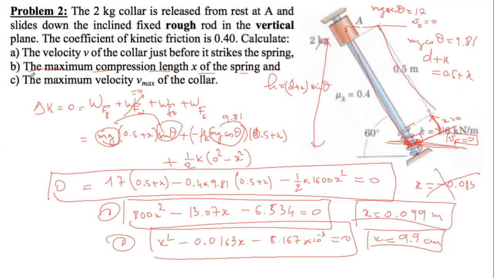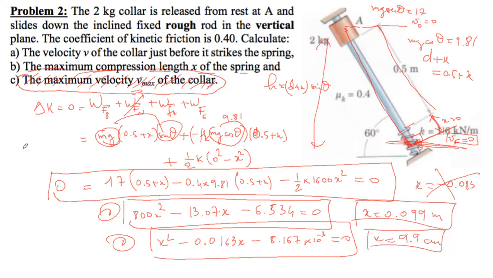Great. Now for the last question, I remove it. You don't need to answer it, the maximum velocity of the collar. You can think about it, but it's not important.